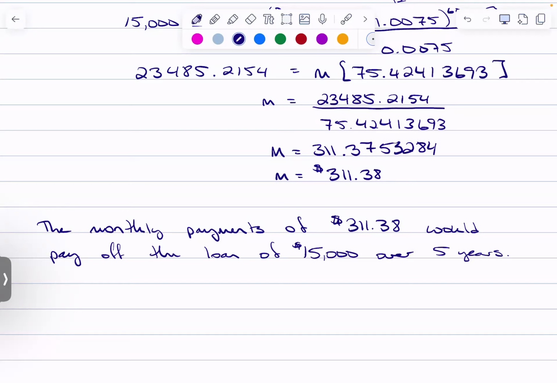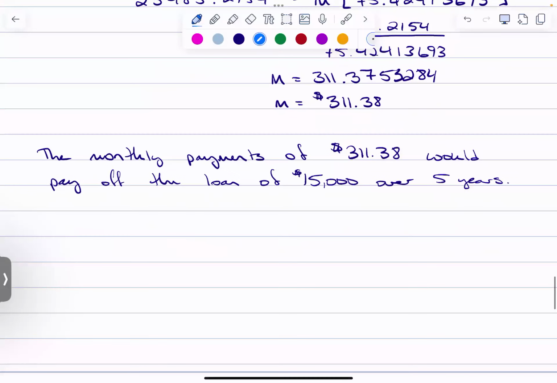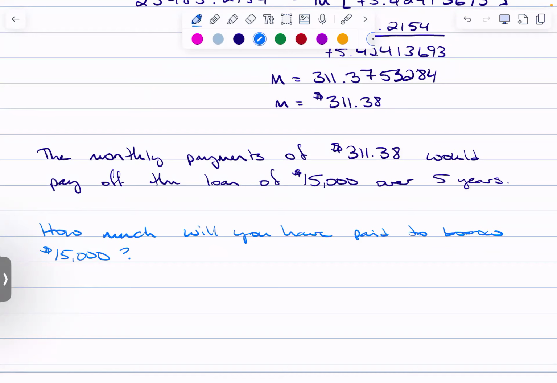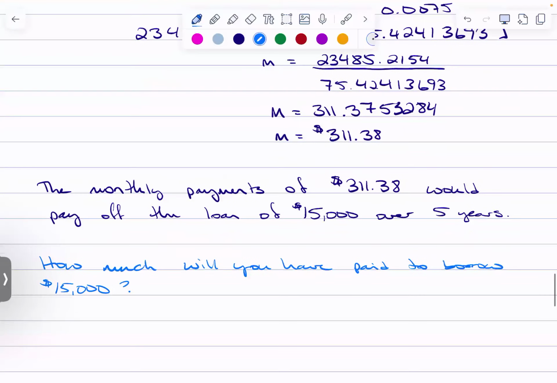How much have you actually paid? Right. So a follow-up question. How much will you have paid to borrow $15,000? You'll have paid, right?